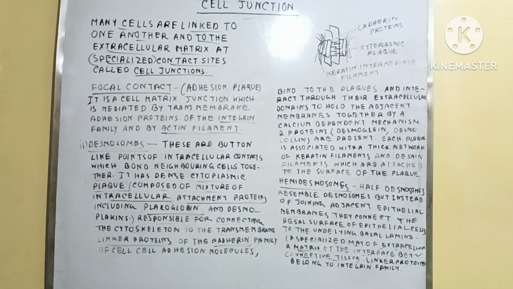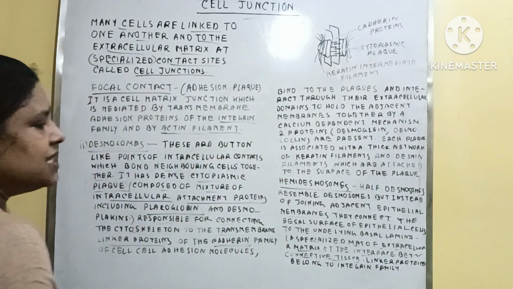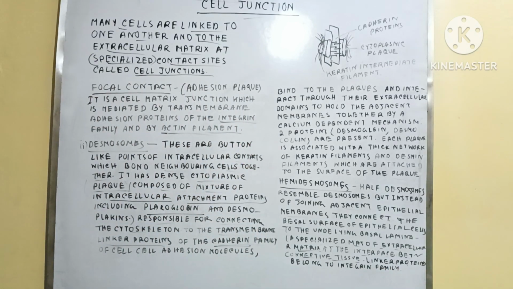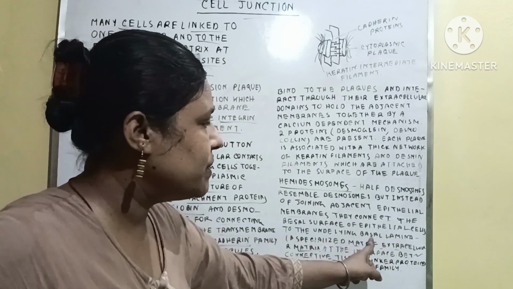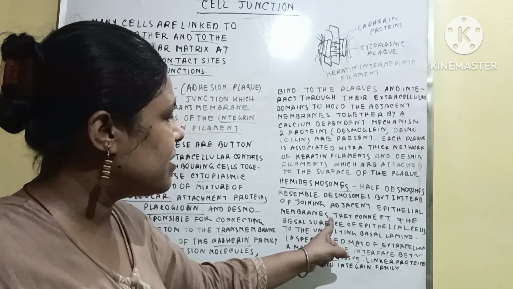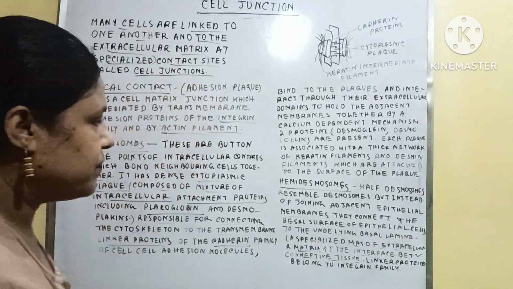And here the linker proteins present belong to the integrin family. So one epithelial cell's basal surface is connected with the underlying basal lamina.